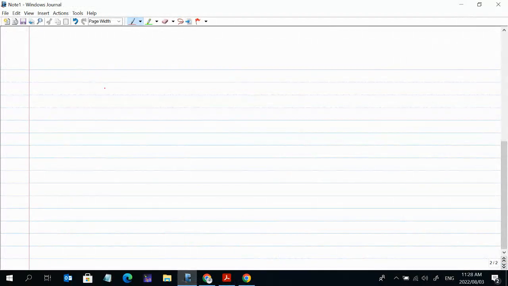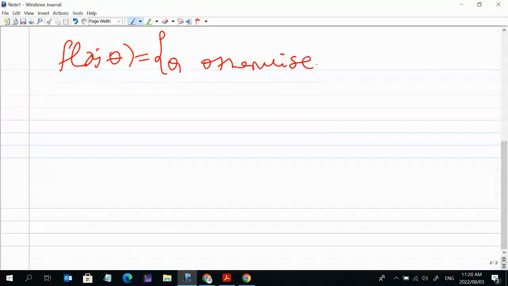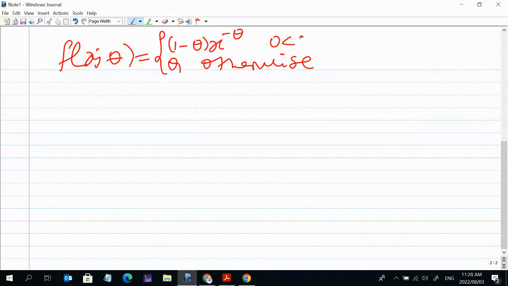We have our function f of x, theta, which is 0 otherwise, and (1 minus theta) x to the power minus theta for x between 0 and 1.